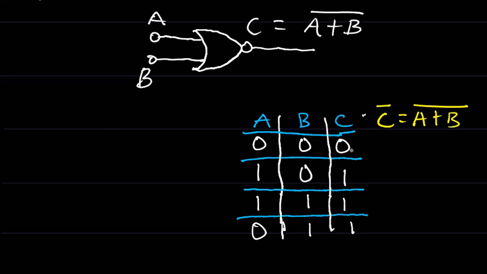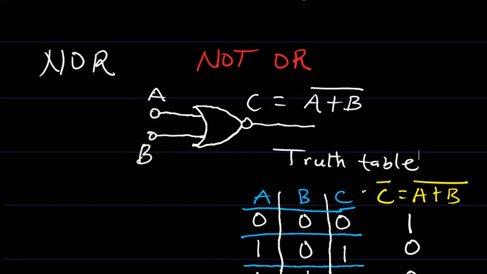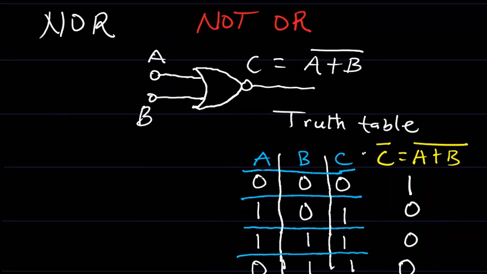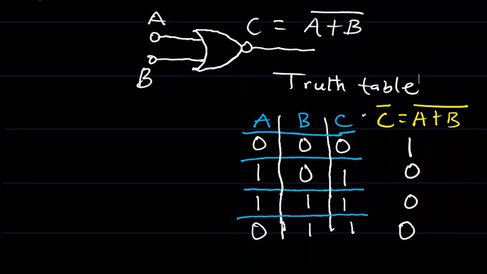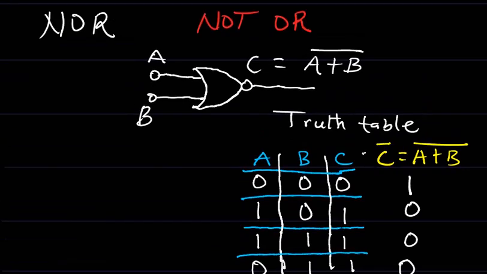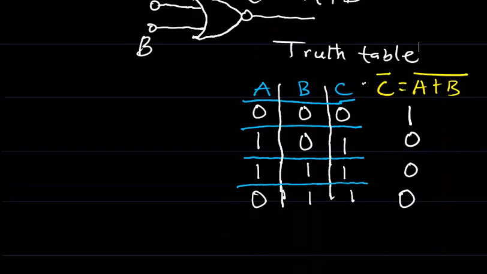So for C complement, the complement of 0 is 1, and the others are 0. So the truth table of the NOR gate is the inverse of the OR gate. All you need to do is find the inverse of the output of the OR gate, and that will give you the output of the NOR gate. The logic is very simple.